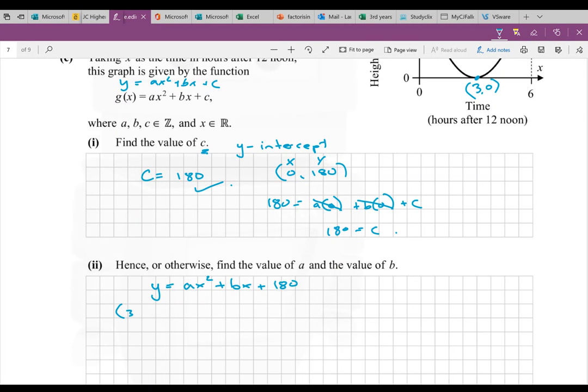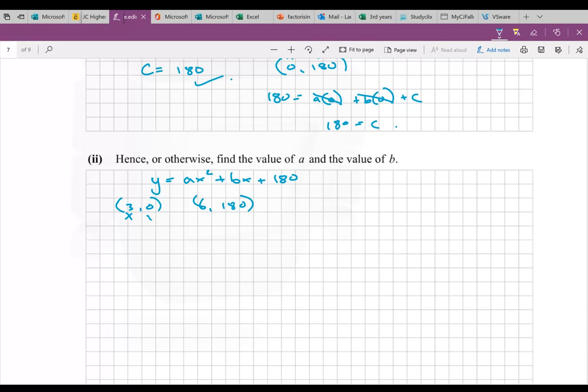And let's take the points (3, 0) and (6, 180). Okay, and I know that 3 is my x coordinate and 0 is my y. 6 is my x, 180 is my y. So if I sub 0 in for y and 3 in for x, and then in the second one, so I use 2 points separately.